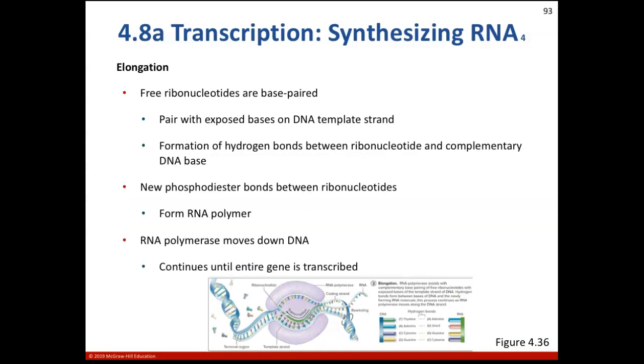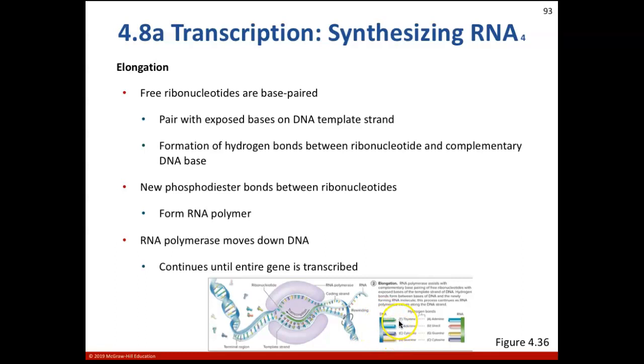Now let's talk about the second step in transcription, elongation. Our free ribonucleotides are base paired, and so our pair with exposed bases on the DNA template strand, and we get formation of hydrogen bonds, which you could see pictured over here, between the ribonucleotide and the complementary DNA base.